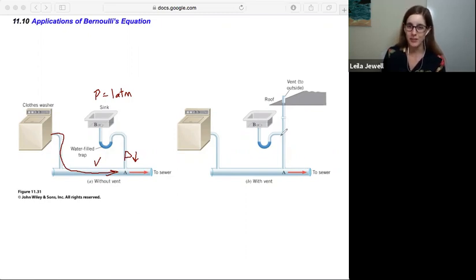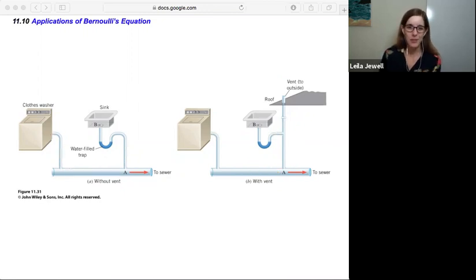If instead we add this vent to the outside, then even when we get the high velocity water coming by, it doesn't drop the pressure in the trap because there's this vent to the outside that keeps you connected to the 1 atmosphere, which is the same as what you have in your house. Whew. So you get to keep the water in your P-trap and there is much rejoicing.